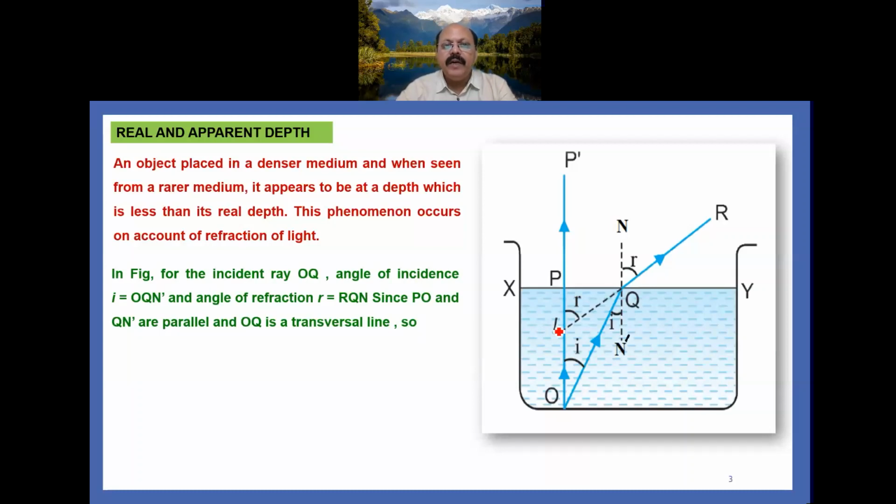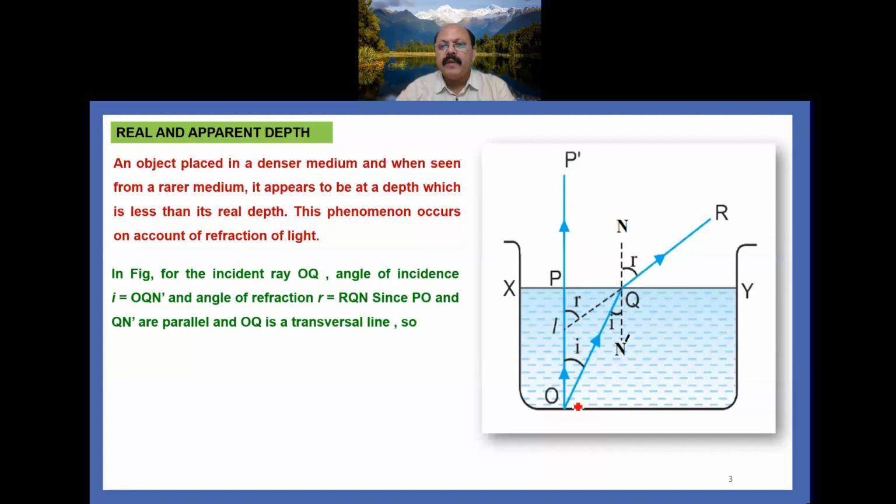You see in the figure, the ray of light that starts from the object placed in the denser medium, that is from point O, is incident on the interface XY which separates the two media, and passes straight along PP dash.